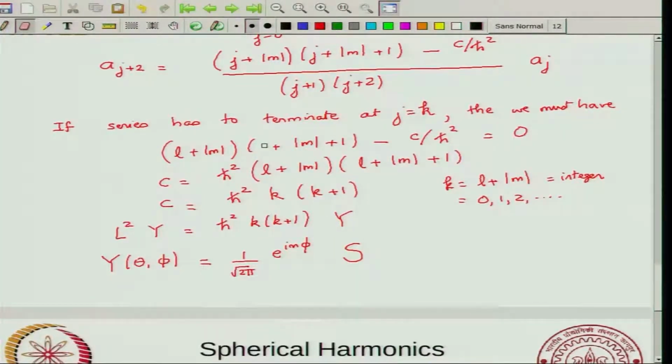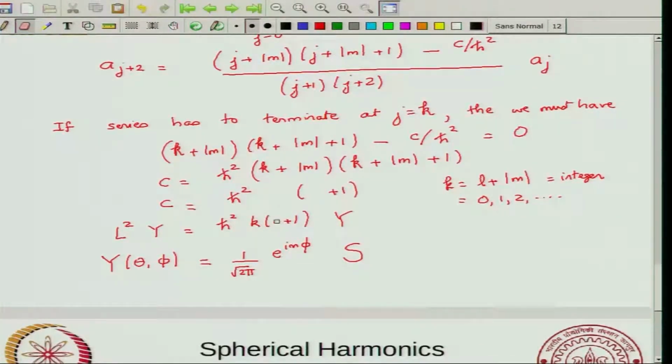So where the series terminates, I'll call it k, and I'll use L to denote the value of k plus m, just to be consistent with what you're used to seeing in various books.